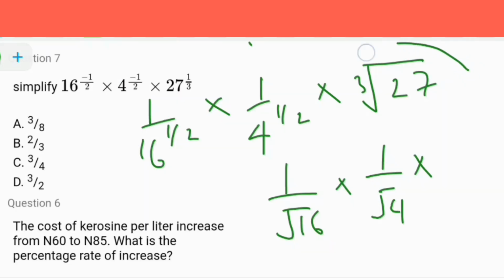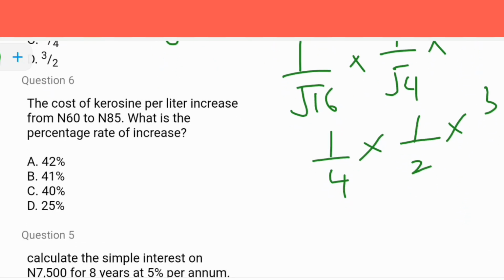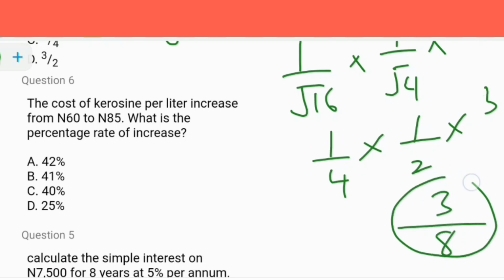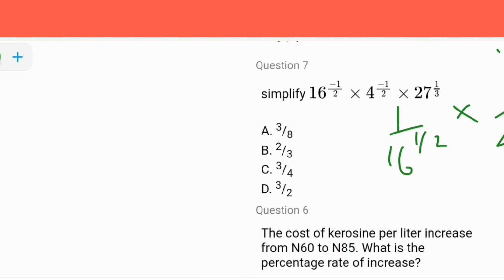For the cube root of 27, the number that you multiply 3 times that will give you 27 is 3. So if you continue, square root of 16 is 4, square root of 4 is 2, and this one will be 3. So just simplify it further. 3 times 1 times 1 gives you 3, and 4 times 2 is 8. So 3 over 8. Check it there. You see option A.